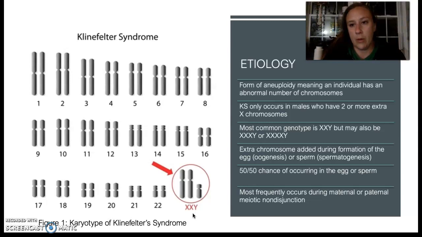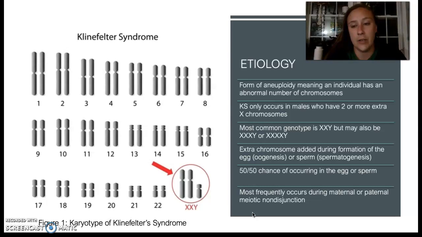Typically, as you all probably know, a male is just XY, so you don't need more than one X. It's a form of aneuploidy, which means that someone has an abnormal number of chromosomes. They could either have one too many or one too few. And it only occurs in males.